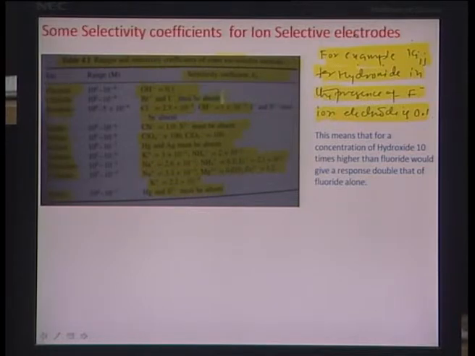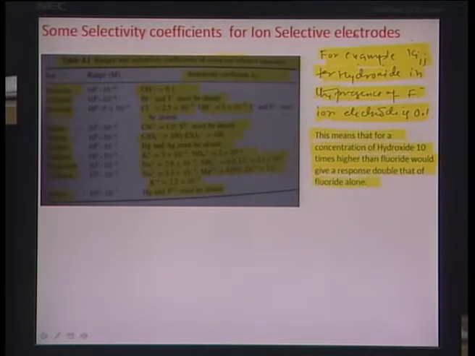Okay. Let us also look at what the interpretation of this would be. If the Kij for hydroxide in the presence of fluorides is 0.1, it would mean that for a concentration of hydroxide 10 times higher than the fluoride, it would give a response double that of the fluoride alone. Okay.